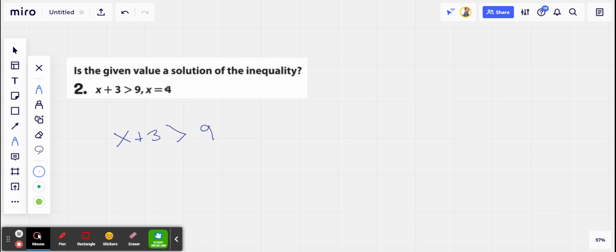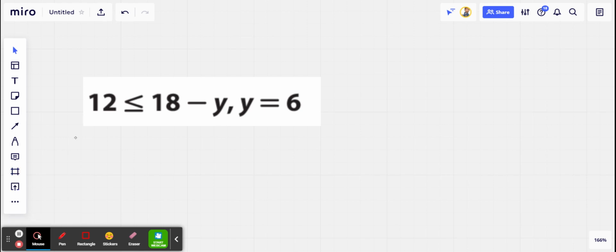They tell us what x is. x is 4, so I'm going to substitute 4 for x. So 4 plus 3 is greater than 9. 4 plus 3 is 7, and it is not greater than 9. That is not true. So is the given value a solution of this inequality? Your answer would be no.